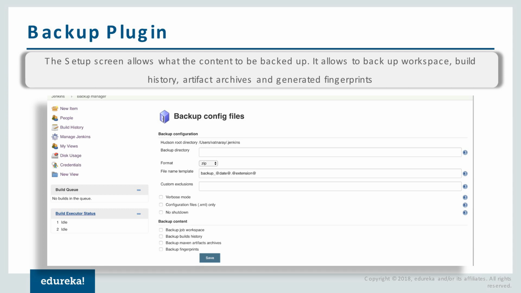But be careful with the names, because if those names are available anywhere in the subdirectories of /var/lib/jenkins or the Jenkins home folder, it will exclude or ignore all those files and folders. And once you do that, you always have an option of putting a check mark on these ones. So it will help you save the workspace, save the build history, save the fingerprints, and all these things.